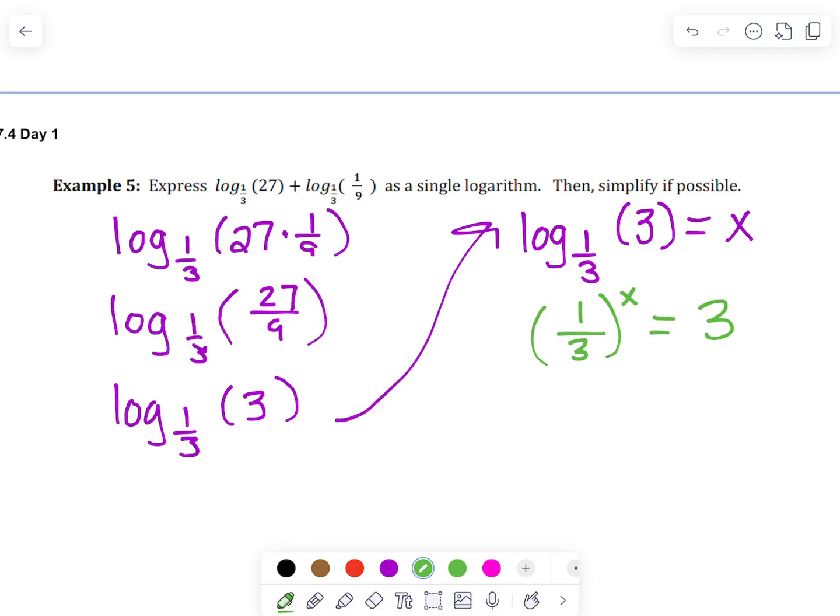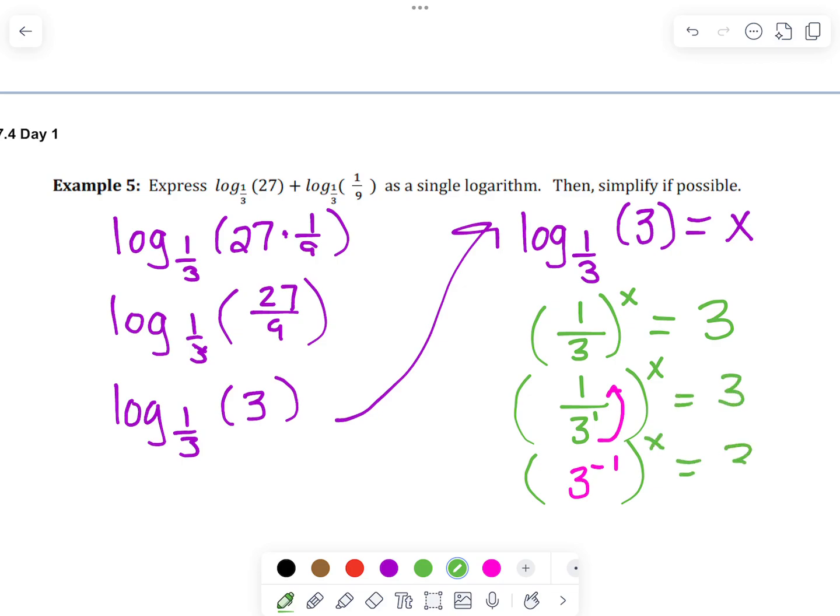Then I'm going to change that 3 to 3 to the 1st, and we can flip this 1/3 up to 3 to the negative 1 power because of that negative exponent rule. And then everything else stays the same.